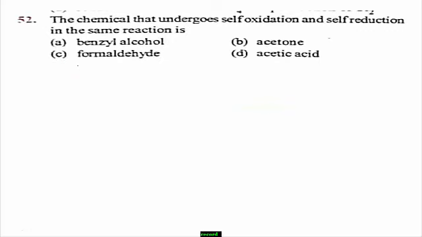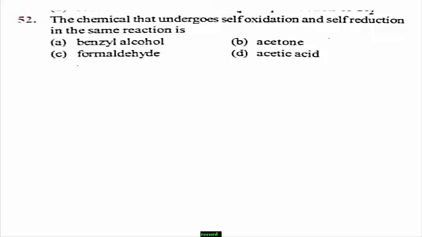Next question number 52. The chemical that undergoes self-oxidation and self-reduction in the same reaction is option A benzyl alcohol, option B acetone, option C formaldehyde, and option D acetic acid.